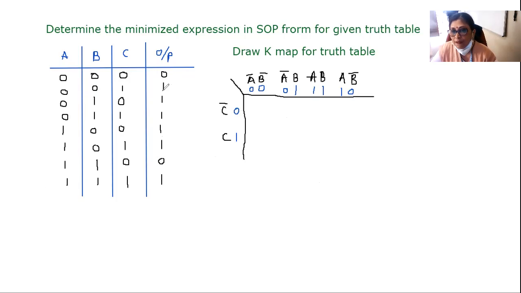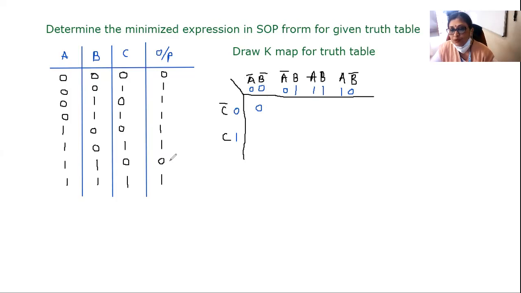Okay. So where there is 0 for 0 0 0. 0 0 0 means A bar, B bar, C bar. So here we have to write a 0. This output is 0. So therefore this particular cell is 0.